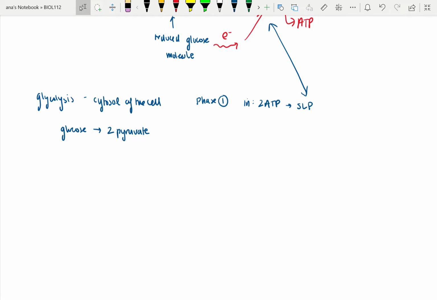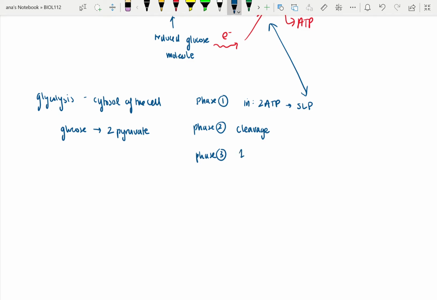Then in phase 2, we're not inputting or outputting anything. This is where we split the glucose molecule in half, so that in phase 3, we get our energy output from each of those halves.